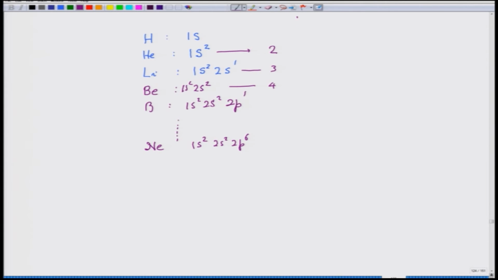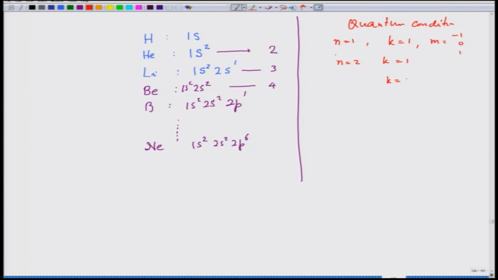Now, if you look at the corresponding quantum conditions, what they gave you for n equals 1 was k equal to 1, and therefore m equal to minus 1, 0 and 1. For n equals 2, they gave you k equals 1 and k equals 2.